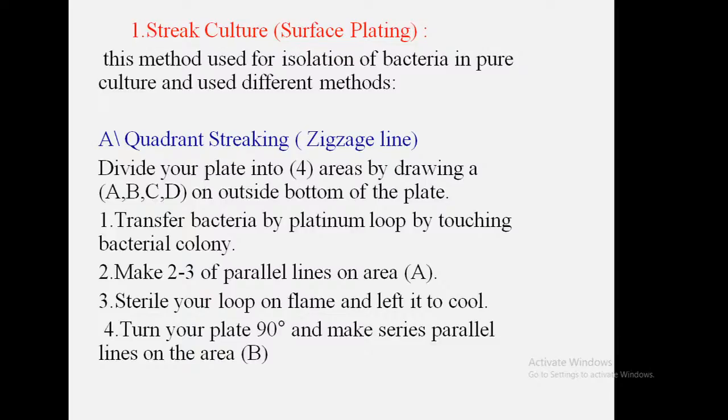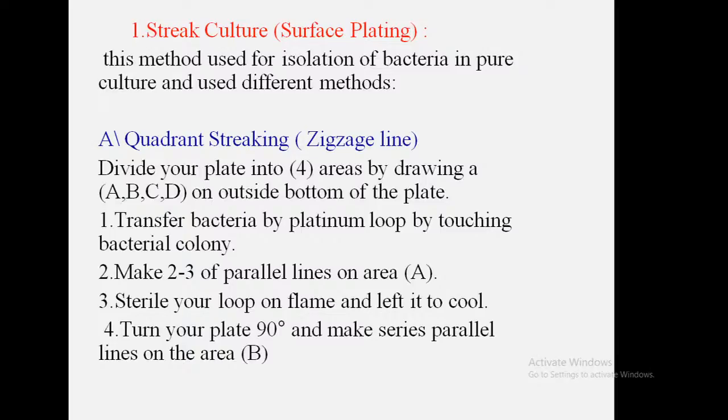Divide your plate into four areas by drawing A, B, C, D on the outside of the bottom of the plate. Then transfer bacteria with a platinum loop by touching a bacterial colony. Make two or three parallel lines on area A. Next, sterilize your loop on the flame and let it cool.